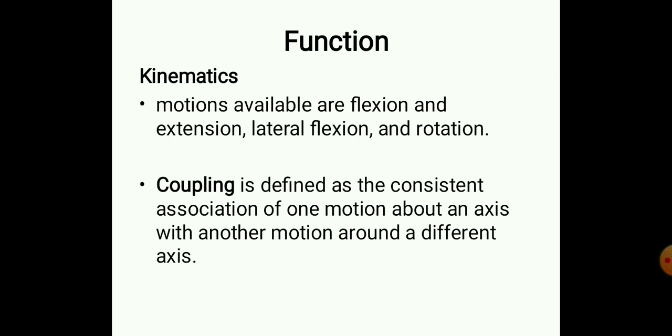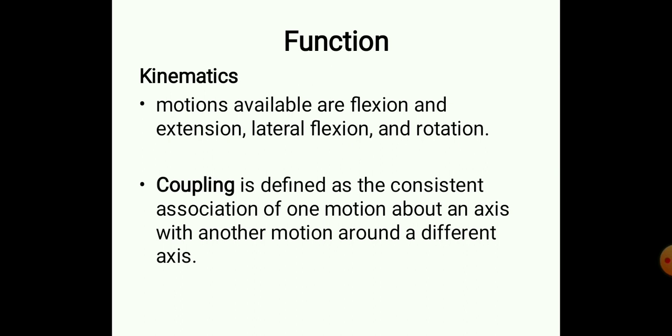There's also one more term called coupling. Whenever we look at lateral flexion of the spine, it is not purely lateral flexion. Whenever we attempt lateral flexion, there are some associated movements happening in the spinal column. That is called a coupling movement. Coupling is defined as the consistent association of one motion about an axis with another motion in a different axis.